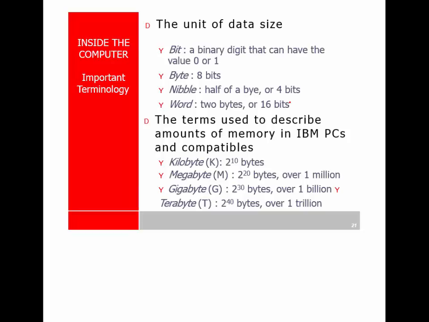I was saying some of the other microprocessors. Now, this is kind of a confusing situation. When we look at memory sizes, this is IBM PCs and compatibles. That tells you how old these slides are. IBM hasn't made a desktop computer in 20, 25 years. They left the desktop computer industry somewhere in the 90s.